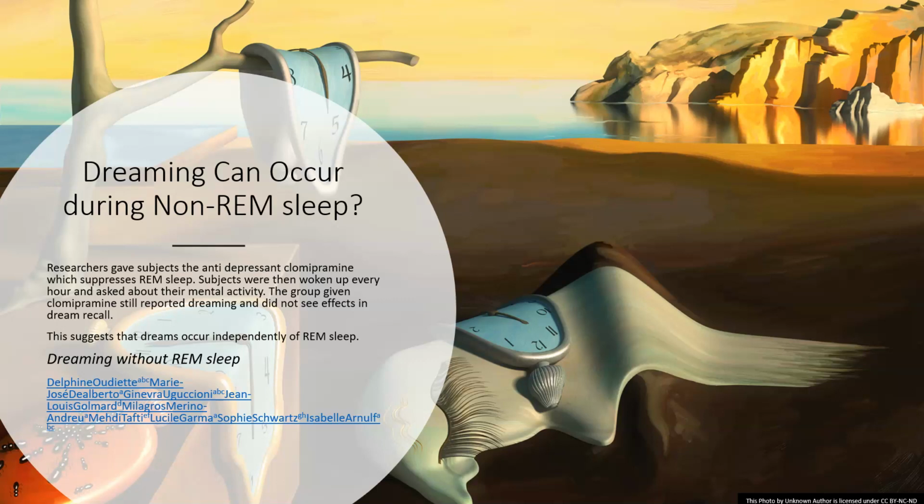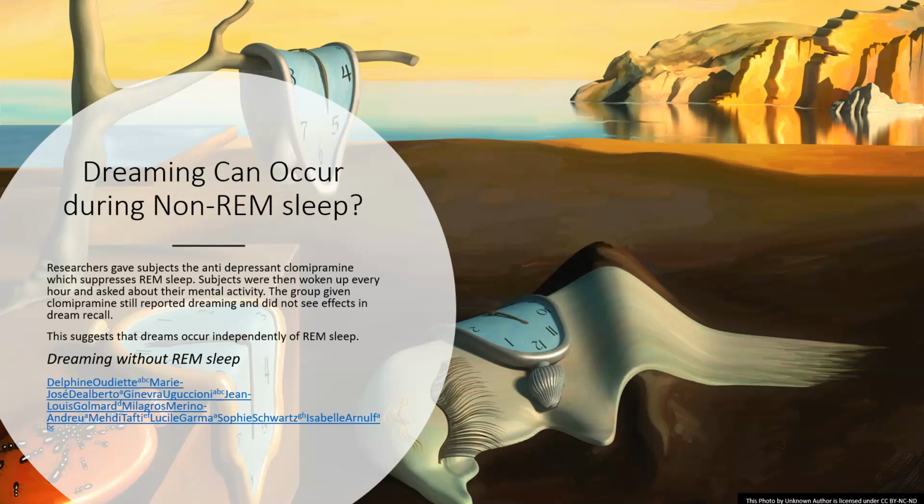And then the interesting thing that I found was that we always associate REM sleep with dreaming, and people think that REM is the only time that you can dream. But researchers actually found out that dreaming can occur in non-REM sleep. Researchers gave subjects the antidepressant clomipramine, which suppresses REM sleep.